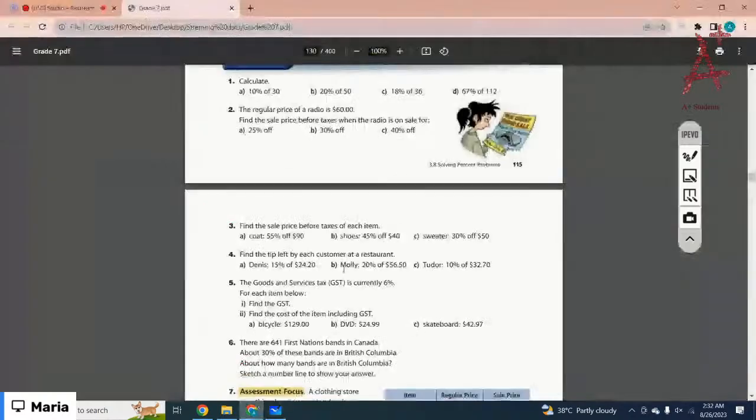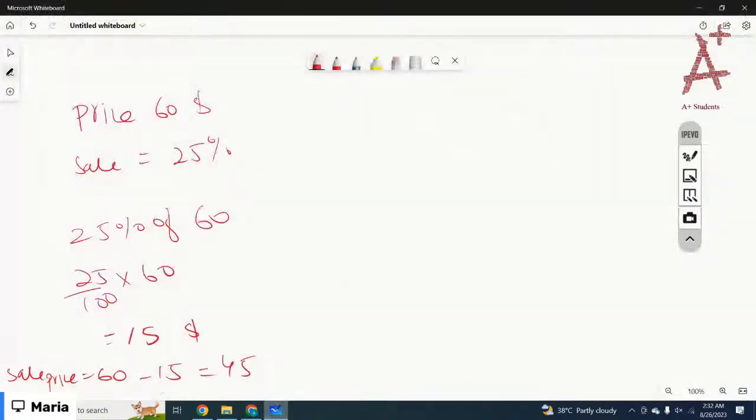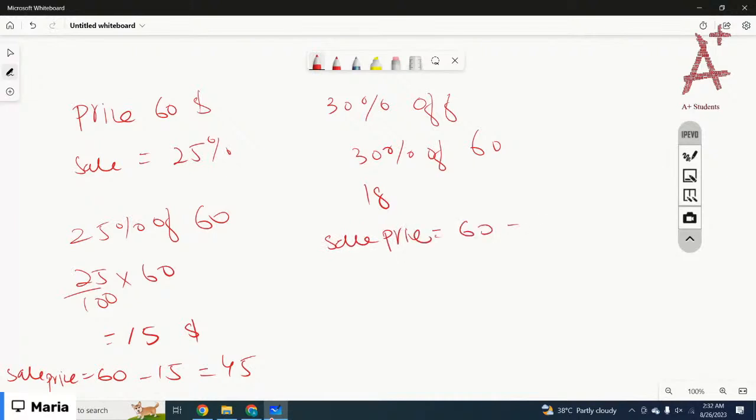Okay, the next one is, you have the same one for 30% and 40%. Okay, 30% off. You have to calculate 30% off 60. It would be 18, I think. Yes, that is 18. That means the sale price is 60 minus 18.